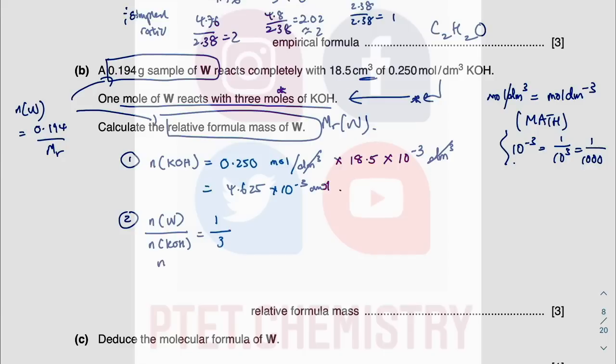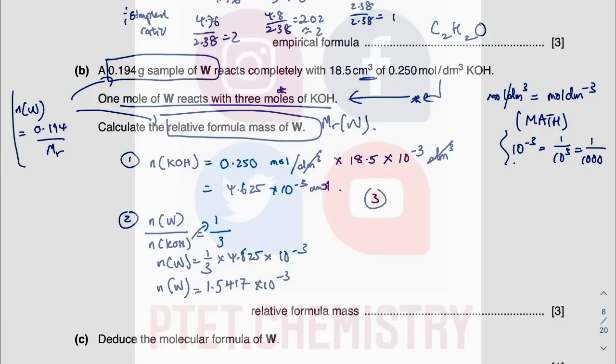And from there I can work out the mole of W: I move the mole of KOH up there, multiplied by 1 over 3. Do not round off your value too early. You should keep it until the very end. That is going to be 1.5417 times 10 to the power minus 3. That's the mole of W.